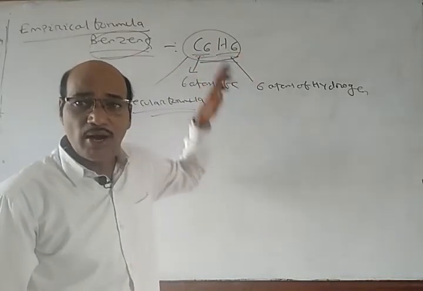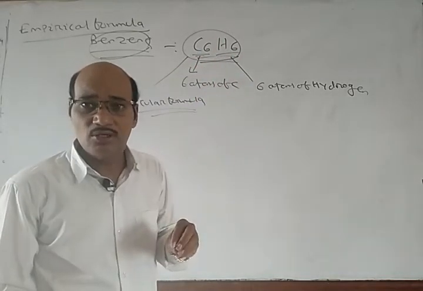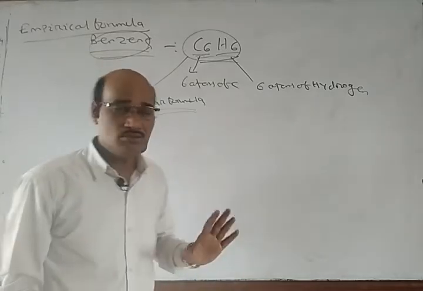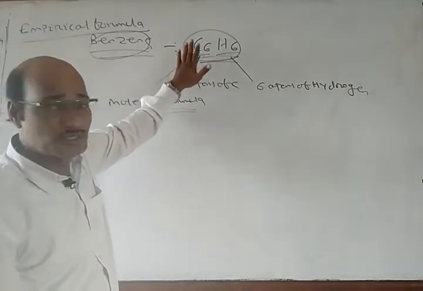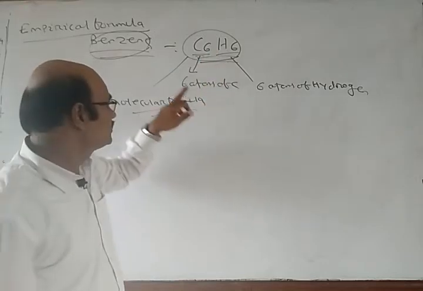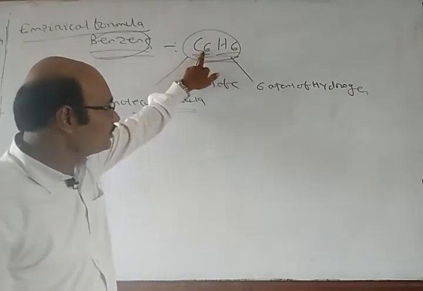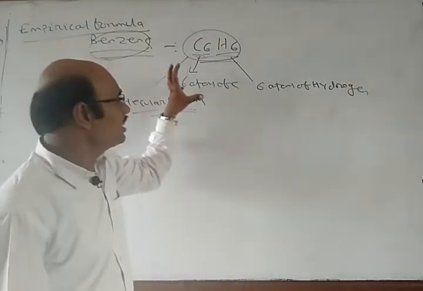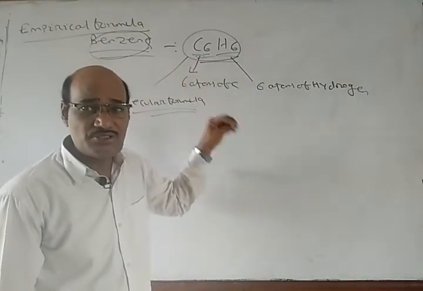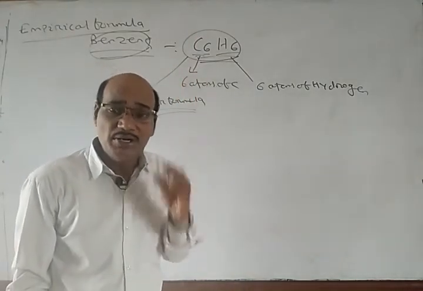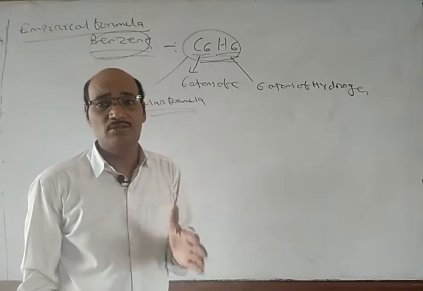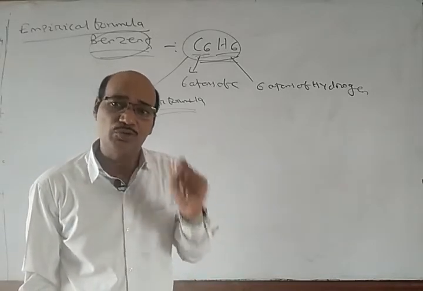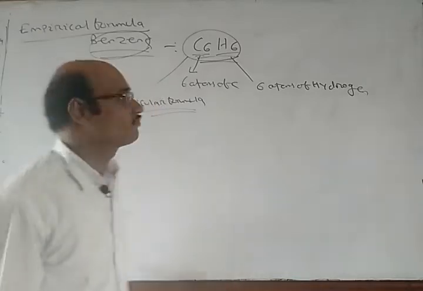From this, we are getting the information that one molecule of benzene consists of 6 atoms of carbon and 6 atoms of hydrogen. So molecular formula gives all the information about how many atoms of each kind are present in one molecule of the substance.